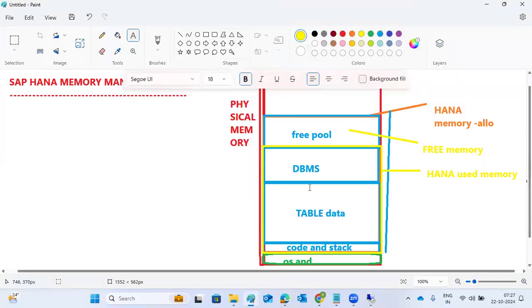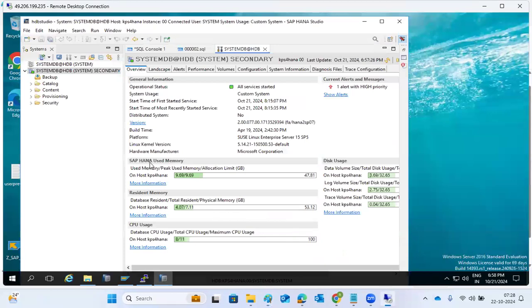So of the entire 47 GB you allocated to HANA, you have the already used data plus the free memory. The already used memory is what we call the HANA currently used memory. Now you have the conclusion of what HANA used memory is.